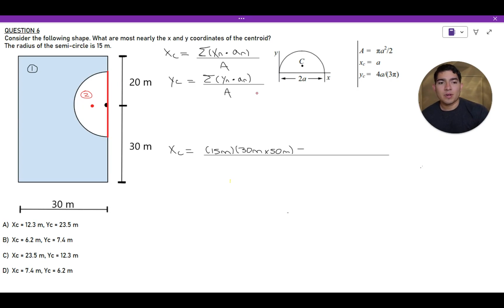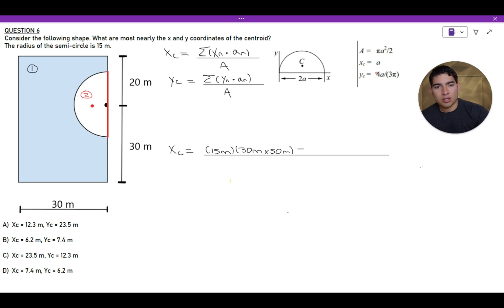In the FE reference manual, we were given how to find the coordinates for a centroid of a semicircle, but the semicircle was horizontal like this, as you can see. This time it is flipped so that it is vertical. So what we need to do is flip these two.